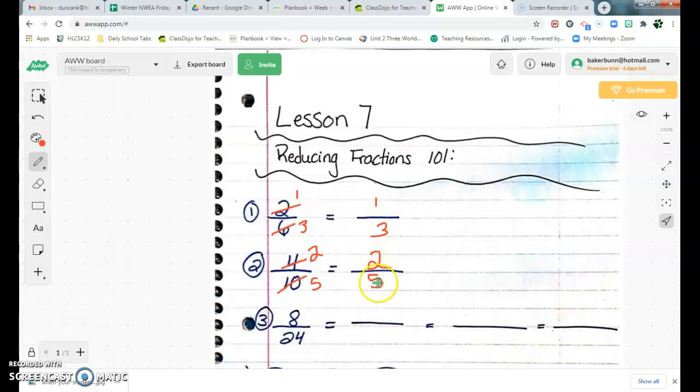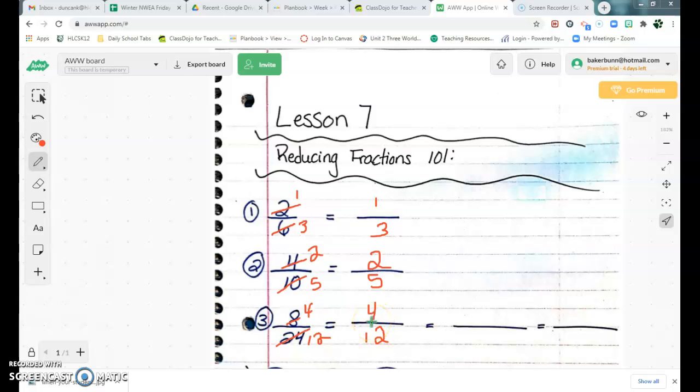Now diving down here looking at 8 24ths, I'm going to do the same process. 2 can go into 8 4 times, and 2 can go into 24 12 times. So that's going to be my new fraction, 4 12ths. But I can actually reduce that some more because these are both even numbers as well.